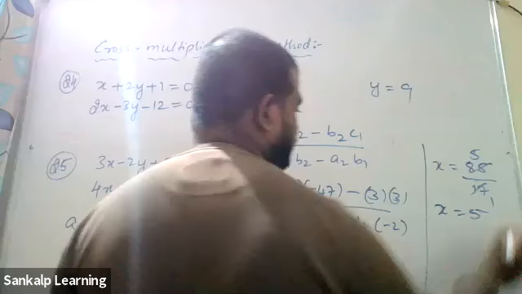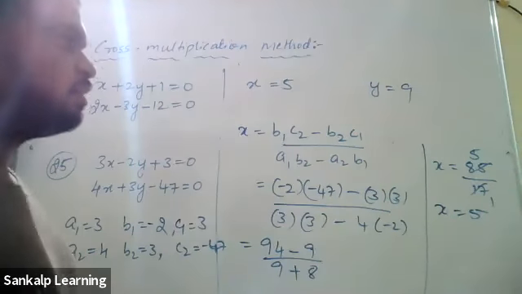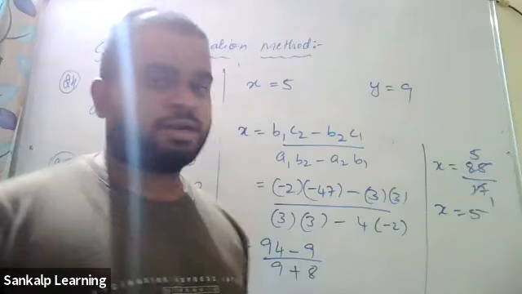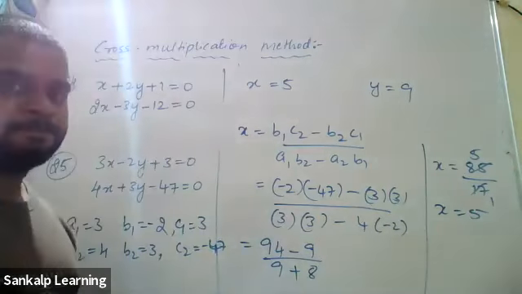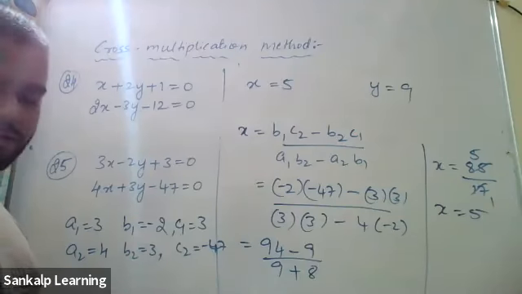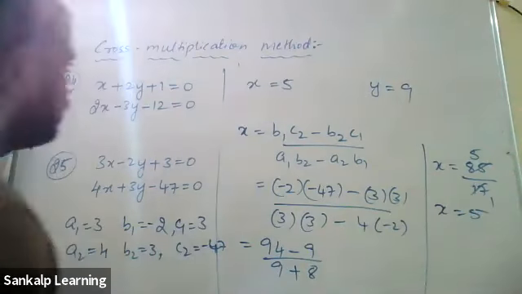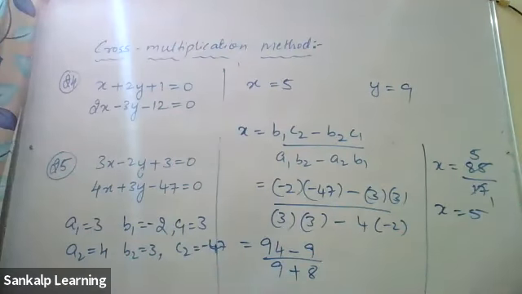Yes, sir, got it. I guess you left the denominator, Charan. Left the denominator part. Yes, sir. Yeah. Now it's correct. X is 5. Similarly, use the formula for y and find the value of y. Okay. Make it fast, guys. We'll do one more method.